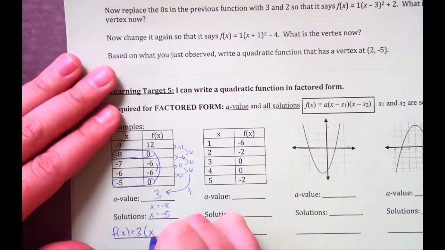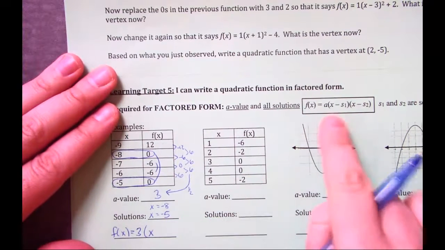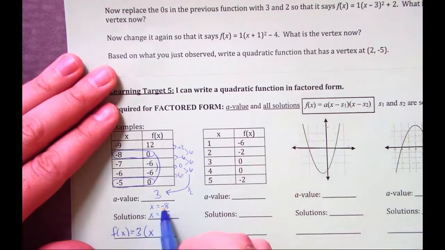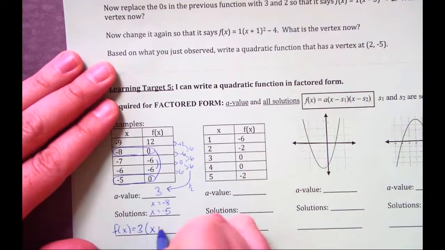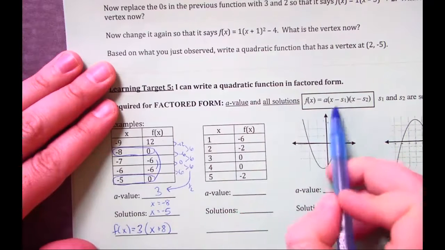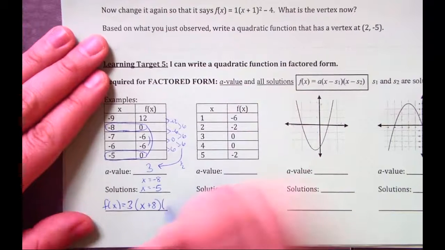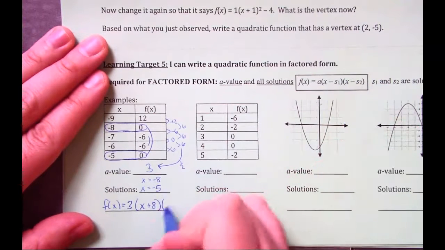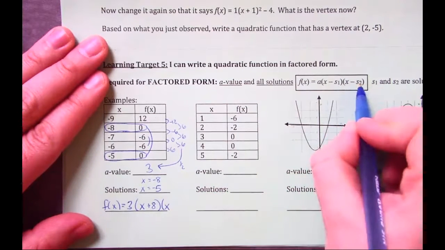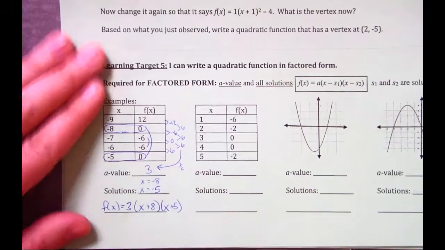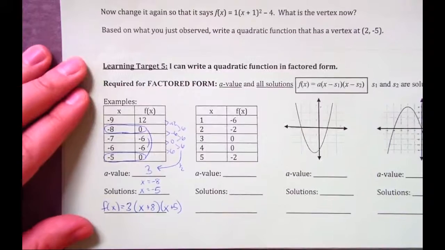The x's stay x's, and then minus my first solution. But if I minus a negative, that's really adding, so I'm actually going to say +8. That minus sign makes this appear the opposite of what it actually is. And then my other solution is x minus my second solution, which is a -5, so I'm going to write a +5 right there. And that's my function in factored form.